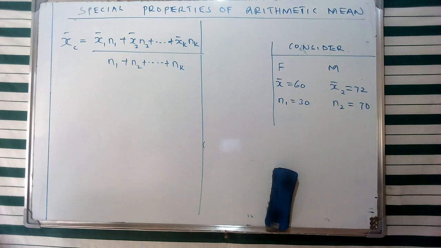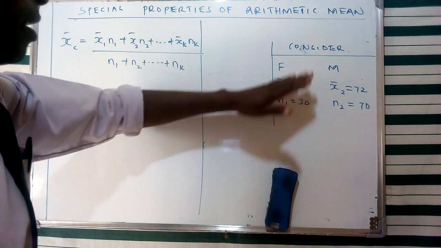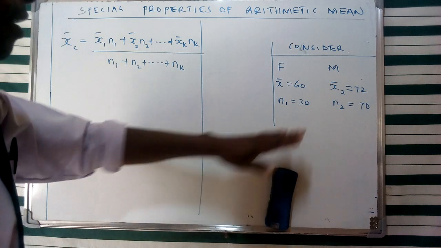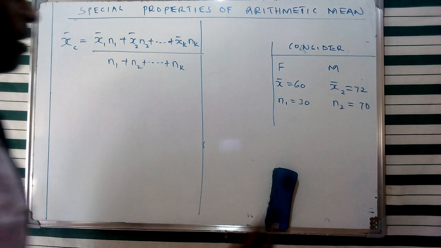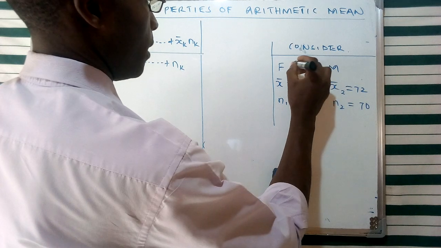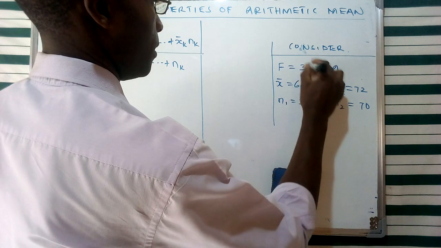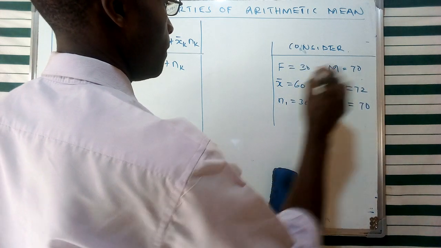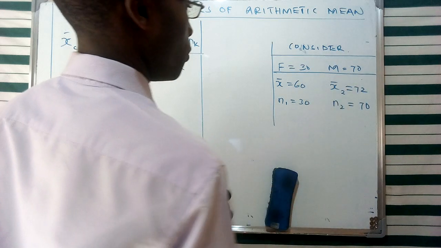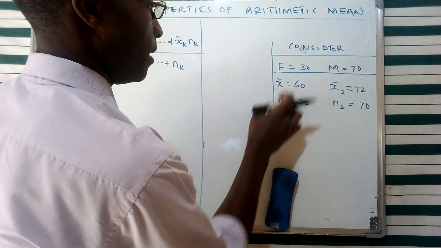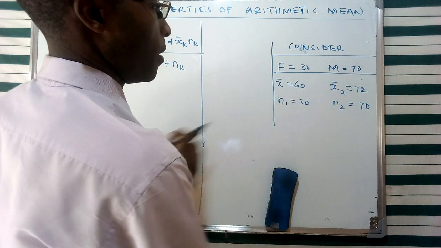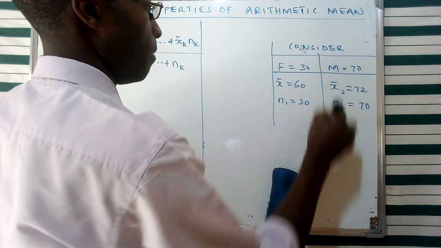Suppose a particular stream class consists of female and male students, and these are going to be given in terms of numbers. Of course, these female students are 30 in number and the male students are 70. And this information is giving us the direct number of observations for the respective set of male and female.